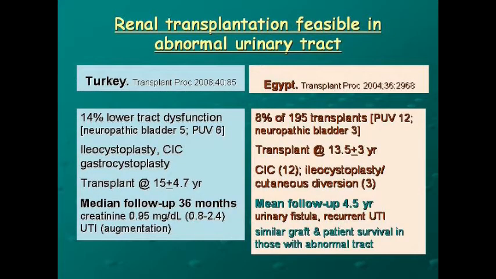However, although there is some concern about transplanting children with a poor tract, there are enough reports. Recent data from Turkey or even from Egypt, about 10% of patients having lower tract dysfunction, showed reasonably good follow-ups at 36 months and about 5 years, with similar graft and patient survival in those patients who had an abnormal tract compared to those with normal kidneys.